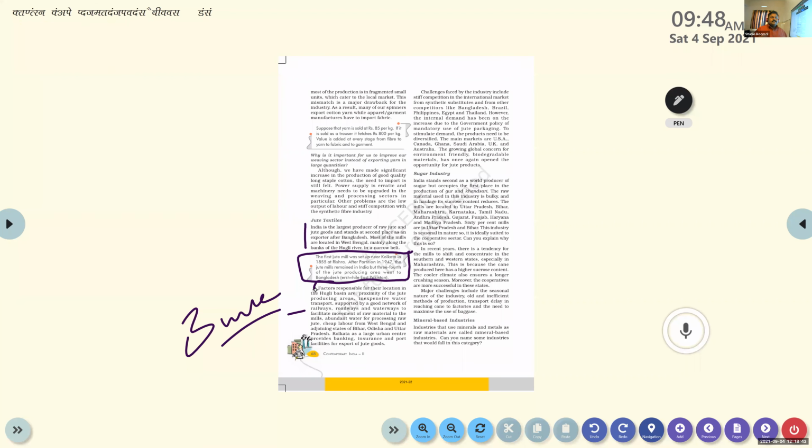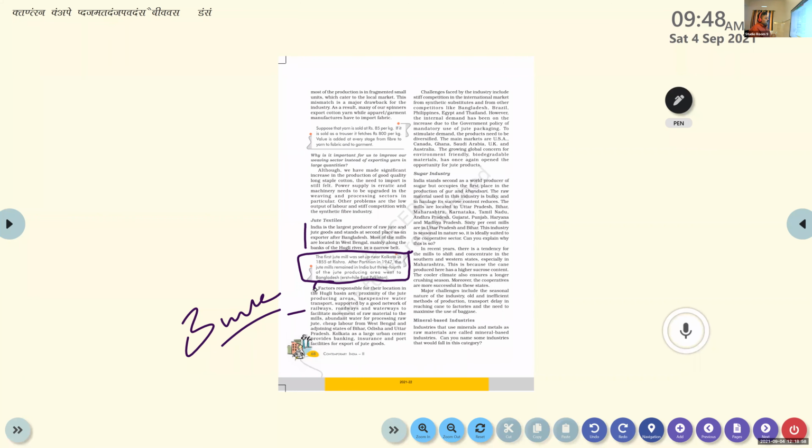Write down the question, 3 marks. What are the factors that are responsible for the location of jute in the Hooghly River Basin? The answer is here.